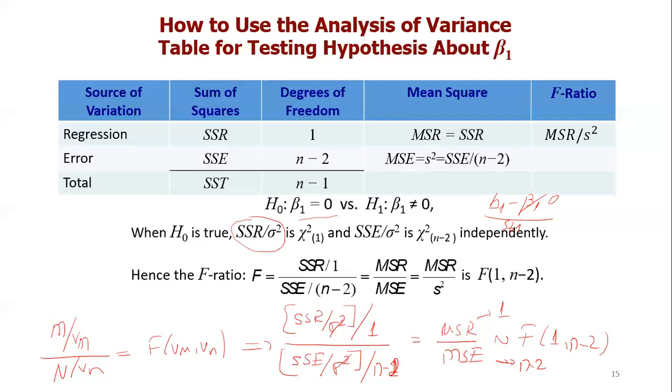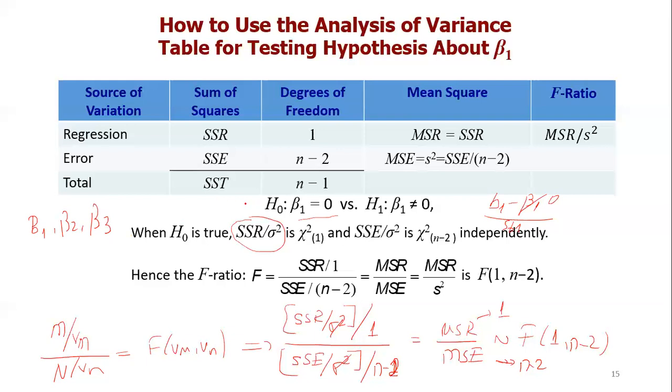The difference will come in the next chapter, when we are dealing with multiple linear regression. There we will have several regression parameters like beta 1, beta 2, beta 3.